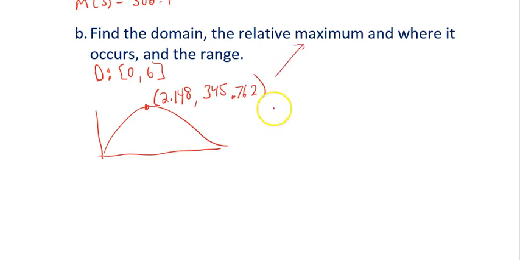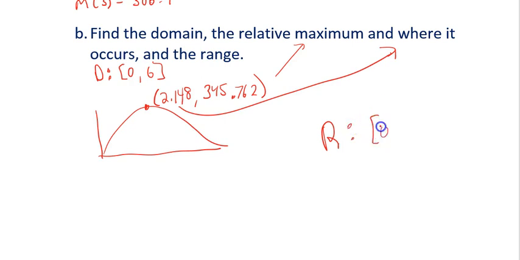That would be what we would answer this question with. Where it occurs is this time of 2.148 hours. And then our range, obviously the lowest it goes is 0, the highest it goes is the y value we reach here. And so our range is from 0 to 345.762. So that's how we use that graph to answer those.